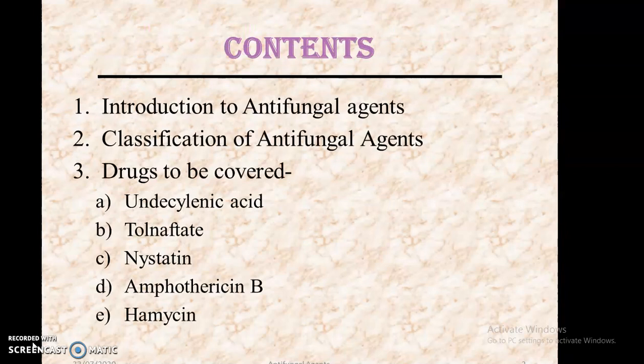So let's proceed. The contents of this presentation are: introduction to antifungal agents, then classification of antifungal agents, and the drugs which will be studied are undecylenic acid, Tolnaftate, Nystatin, Amphotericin B, and Hamycin.